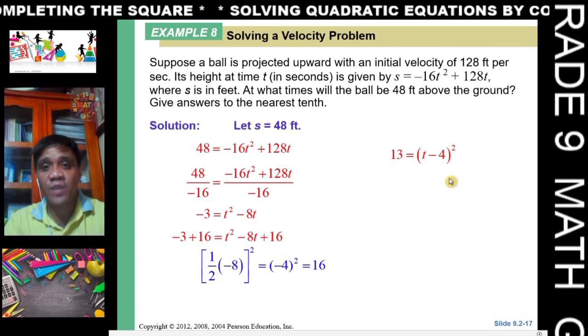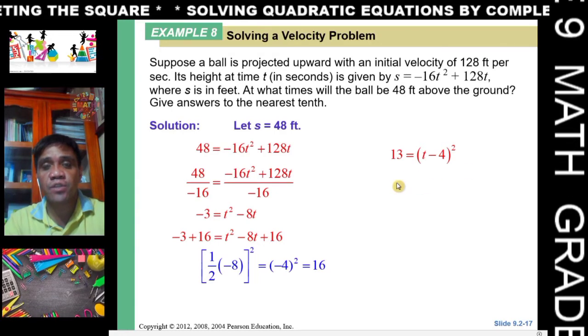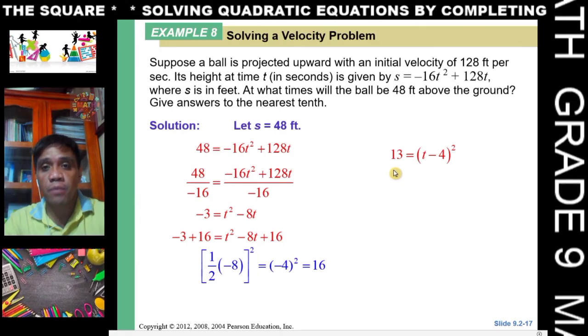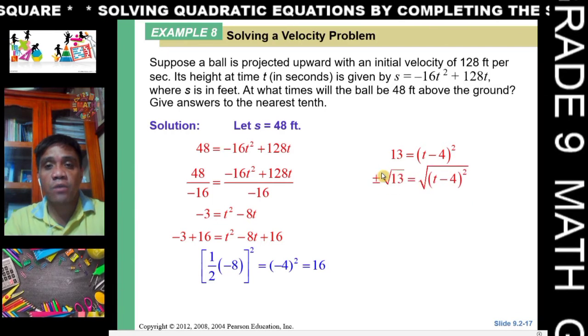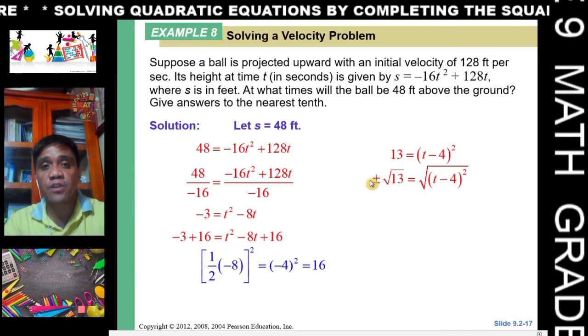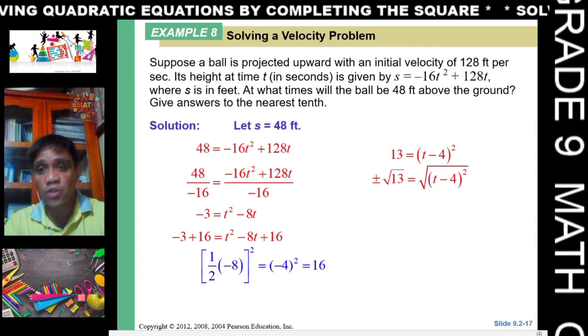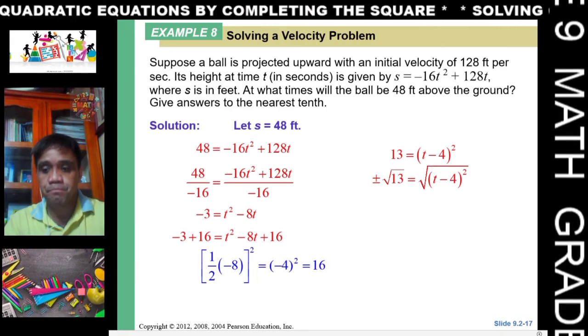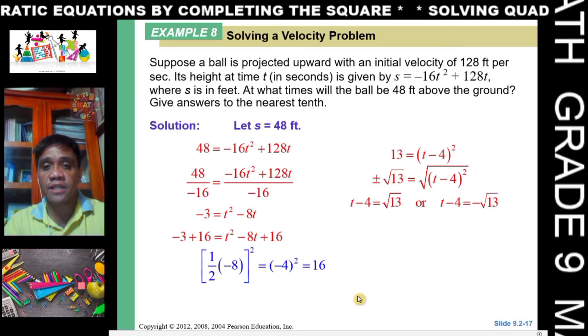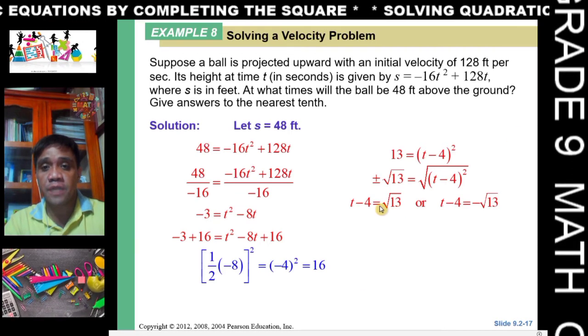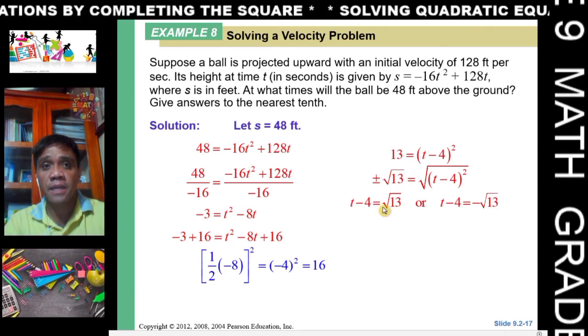After which, we take the square root of both sides by the square root property. So we have plus minus square root of 13 is equal to the square root of the quantity t minus 4 squared. We break it down. The first one is t minus 4 is equal to positive square root of 13.